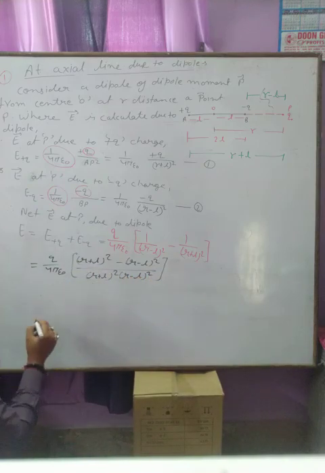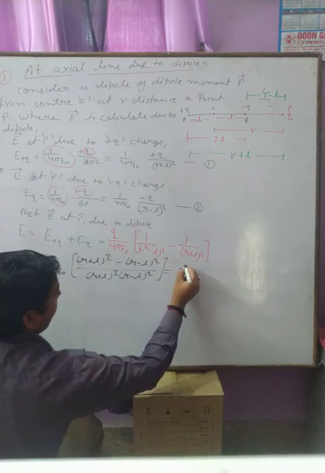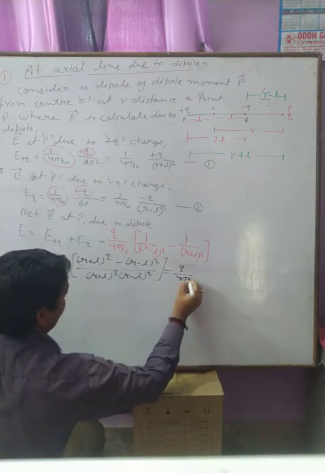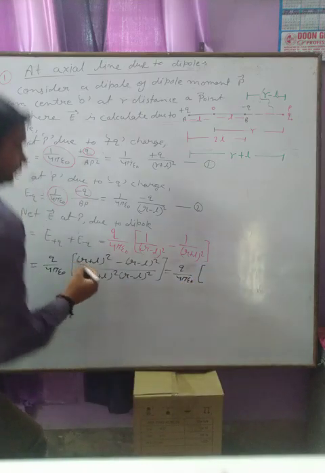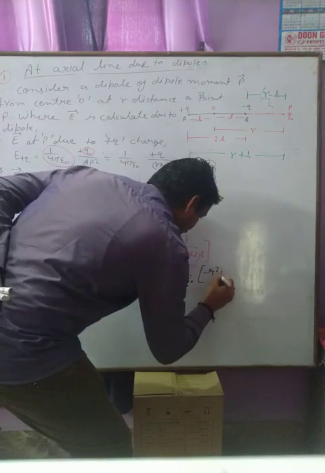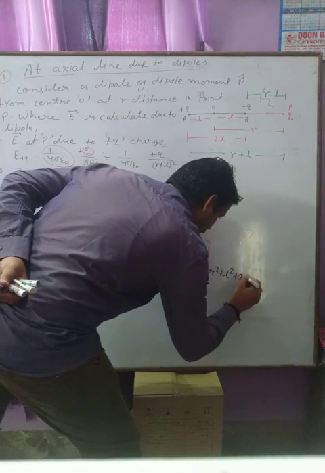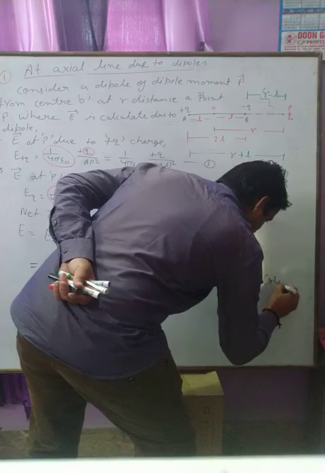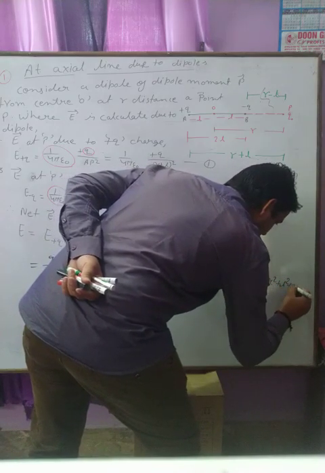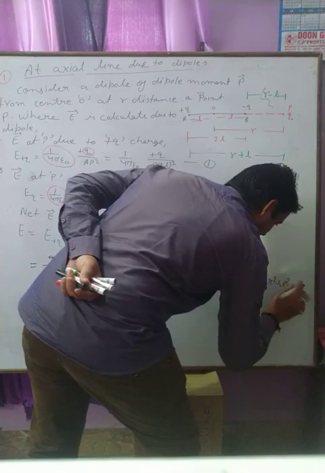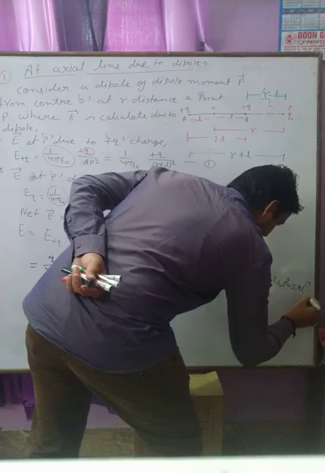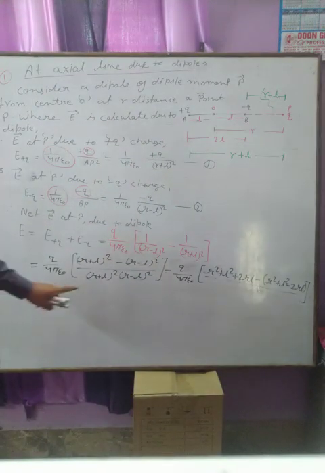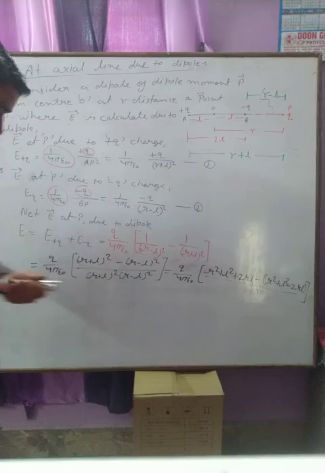By calculating it, we get Q upon 4 pi epsilon naught, in the bracket R square plus L square plus 2RL, minus R square plus L square minus 2RL, and in the denominator R plus L and R minus L.